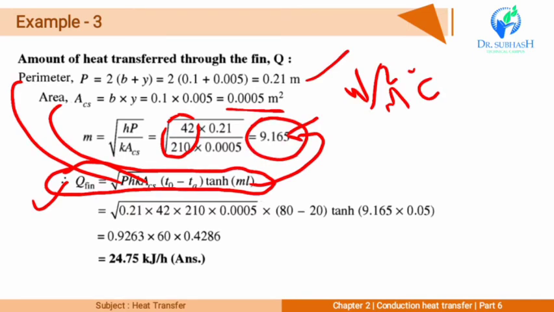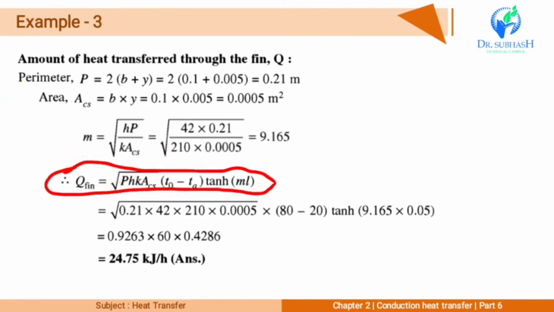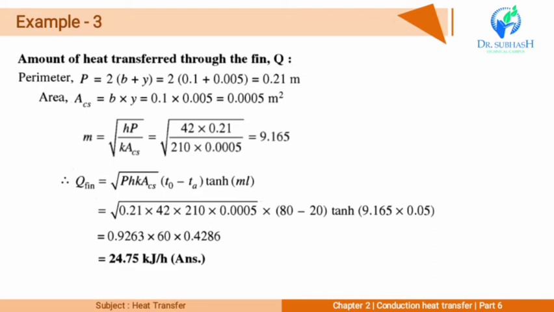So now we can solve this equation. Q is equal to square root of P into h, k into A, multiplied by T0 minus TA into tanh ml. So P is equal to 0.21, h is equal to 42, k is equal to 210, A is equal to 0.0005.